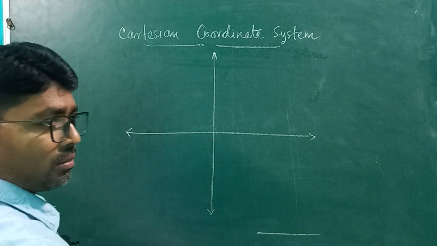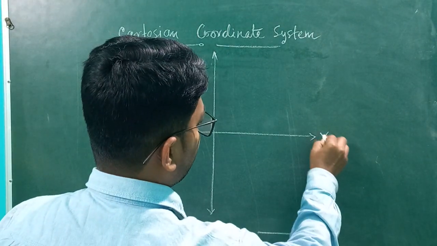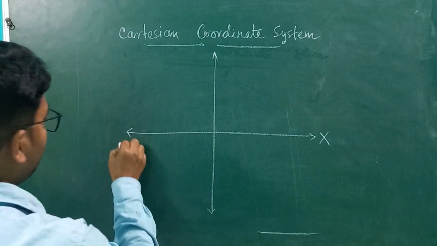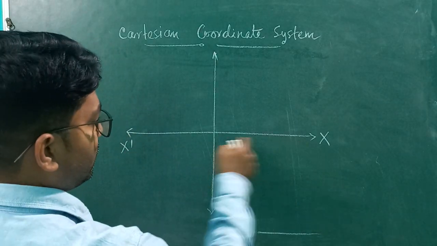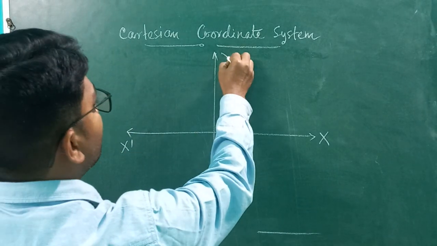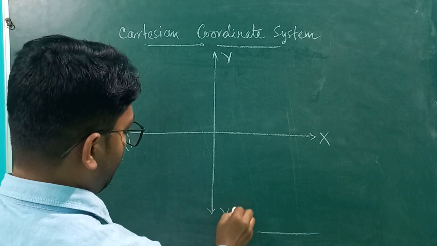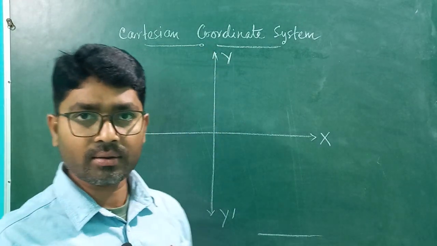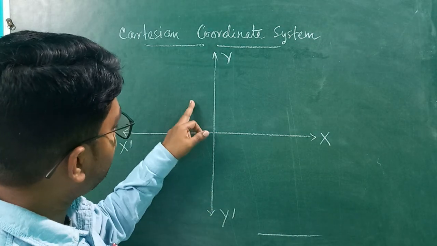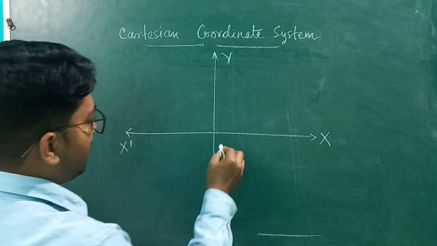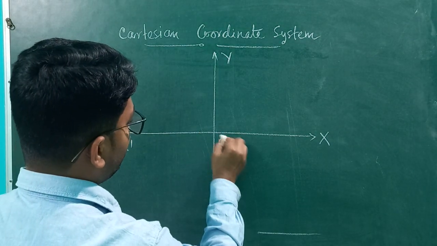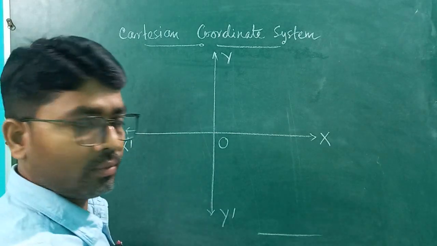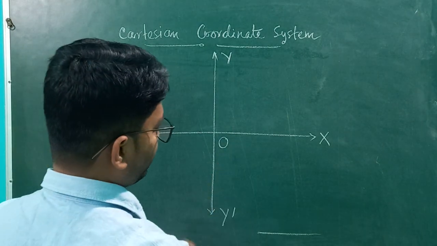and these two lines are named x dash, x axis, and y dash. This vertical line is known as the y axis, and these two axes intersect at a particular point, which we denote by O. This one is called the origin.